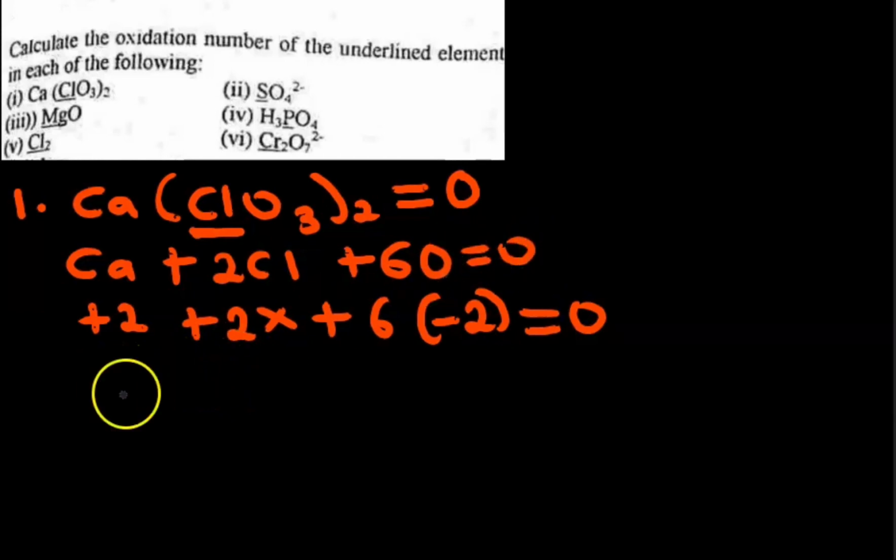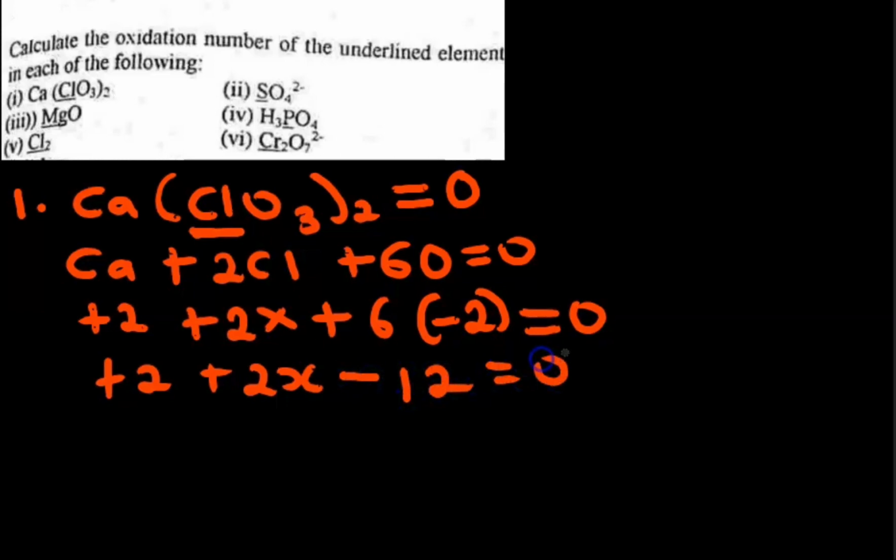The next thing to do is to open the brackets. So this will be +2 plus 2x, plus 6 times -2, which is -12, is equal to 0. And making x subject of the formula, we'll have 2x is equal to, once +2 goes to the other side, it becomes -2, and once -12 goes to the other side, it becomes +12.